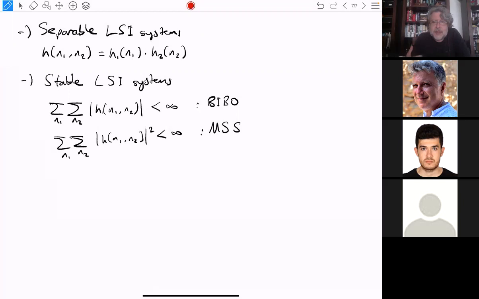What kind of stupid mind would produce an impulse response or a point spread function that extends to infinity? So most of our systems are already stable, and we don't really need to even care about this in image processing.